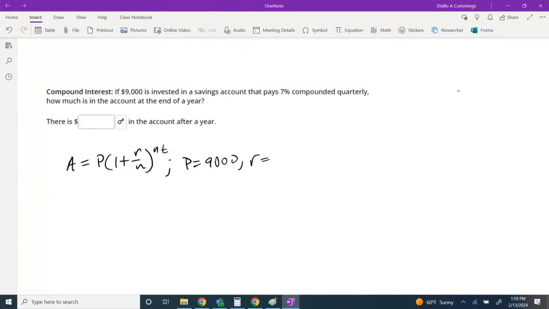R is the rate, which is 7%, and if we change 7% to a decimal, we have 0.07. It's compounded quarterly, so N is going to equal 4. And the time is 1 year, so T is going to equal 1.